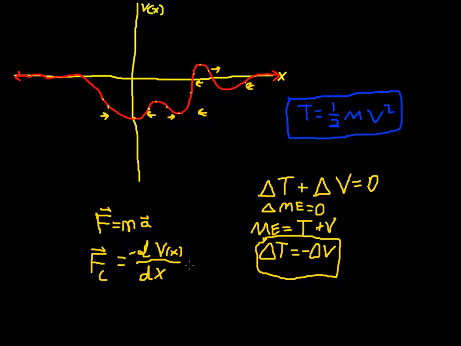A force will change the speed, and a change in potential energy will change the speed, because a change in potential energy is a force. So this should all make sense tying together. This equation would go very well with this equation, and both of these only apply to conservative forces too.